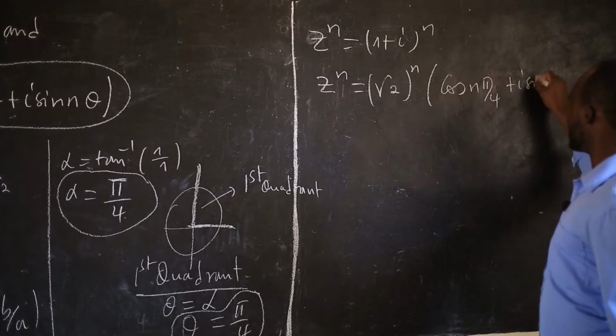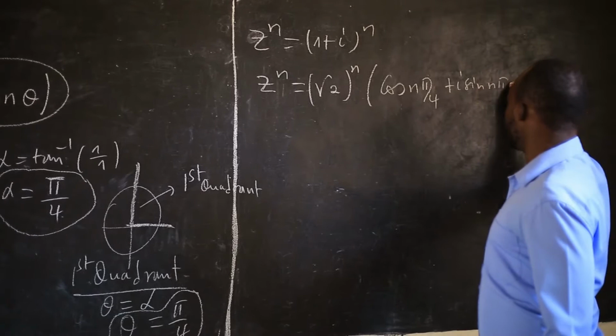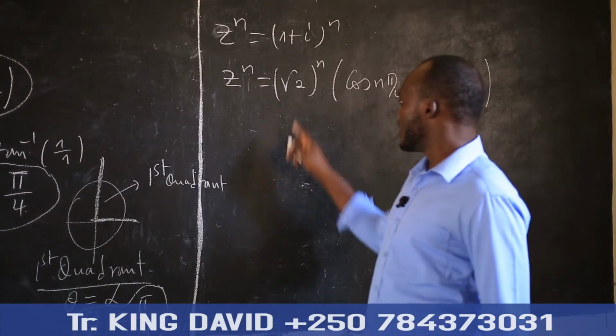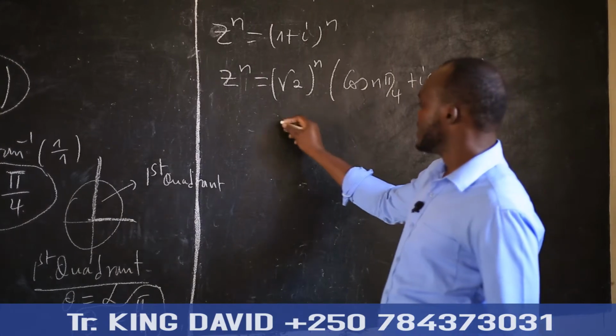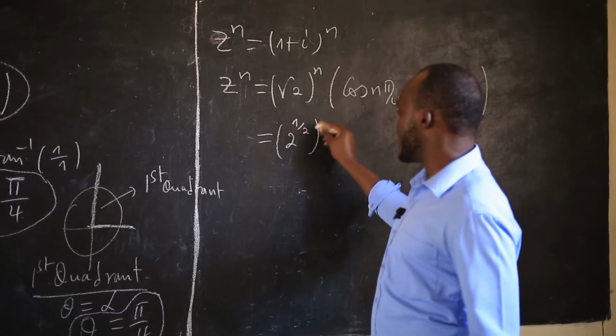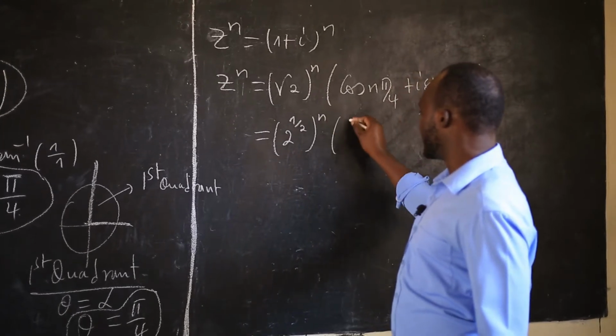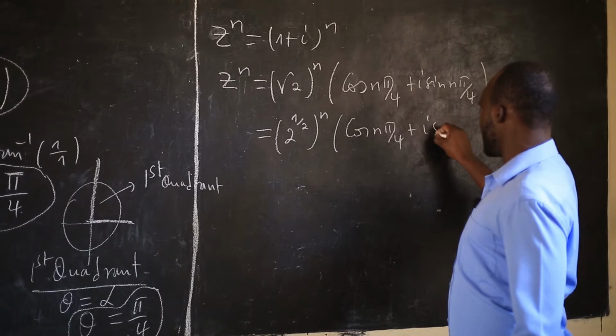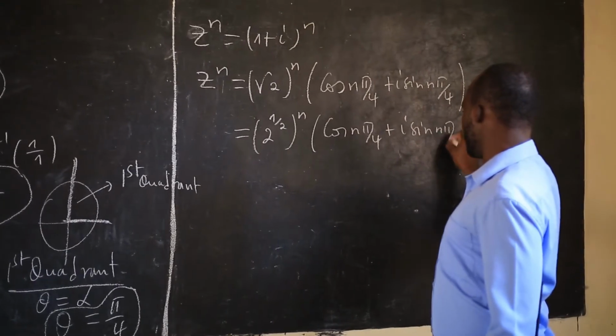You know that the square root of 2 is 2 to the power half. So this is (2^(1/2))^n (cos(nπ/4) + i sin(nπ/4)).